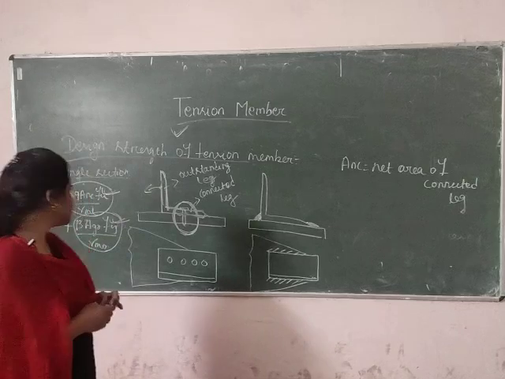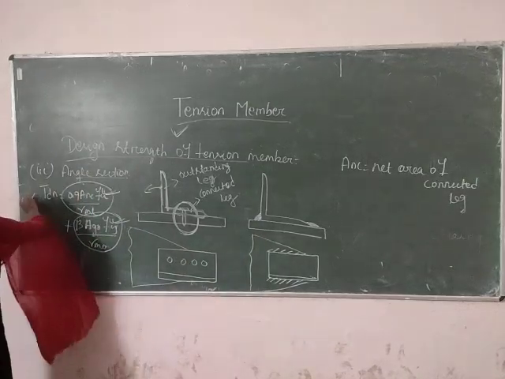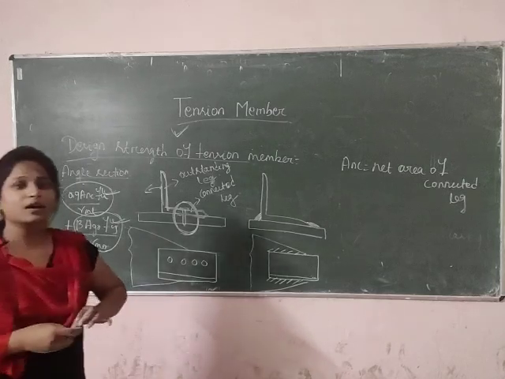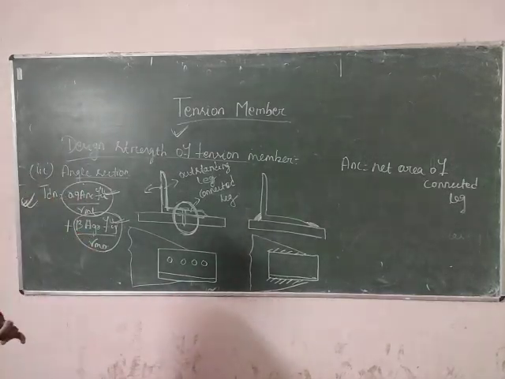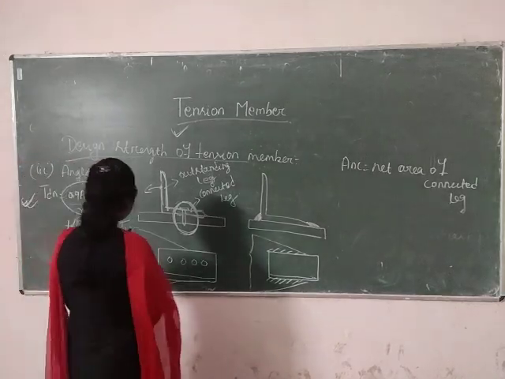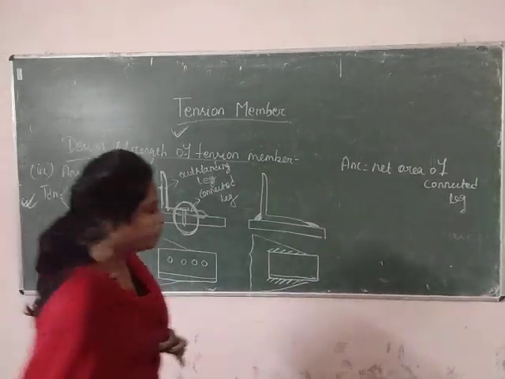Okay, so for this IS code has given this formula to calculate the rupture strength if the angle section is used as the tension member. Okay, then next come to beta.